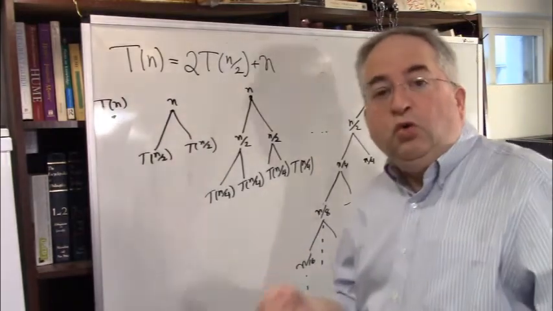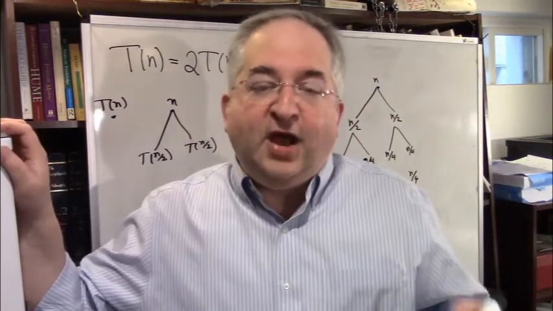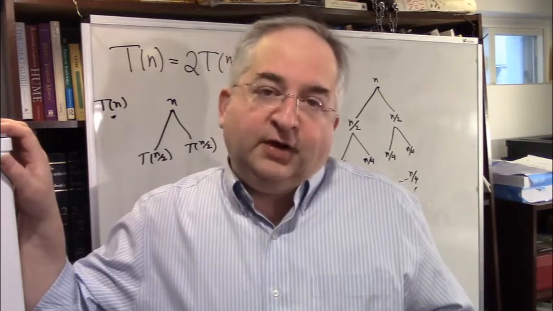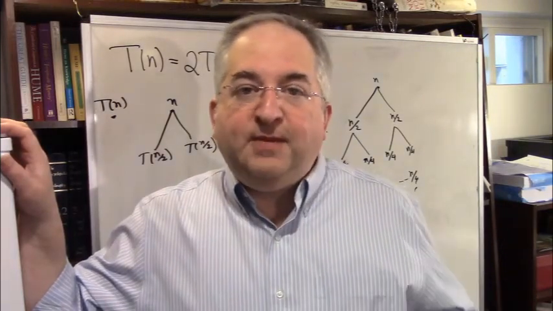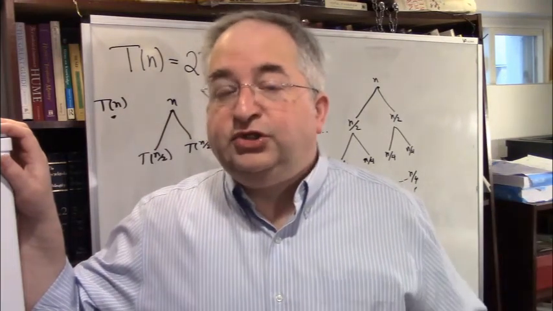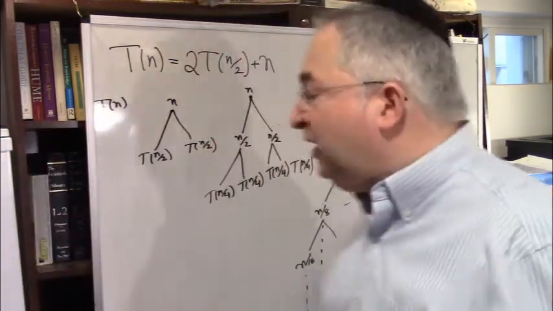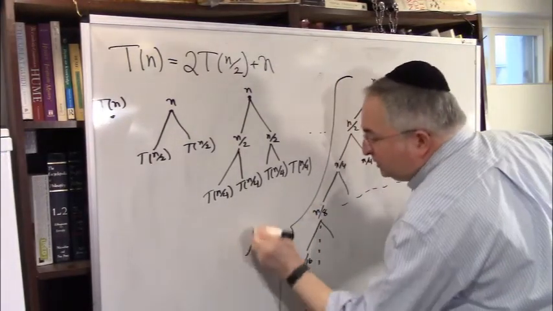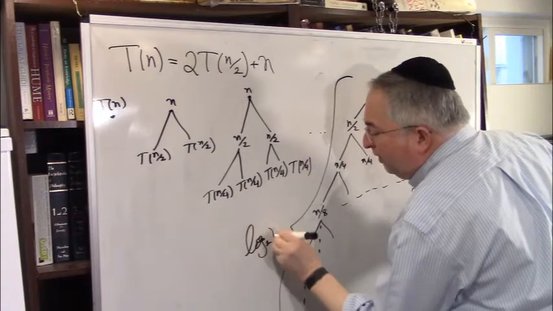Question, how many times can you divide n by 2? And the answer is log of n. This is what we said about exponential. Exponential is multiplying by 2, and we're interested in dividing by 2. So the height of this tree is log base 2 of n.